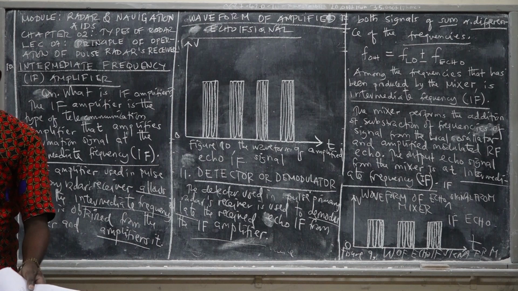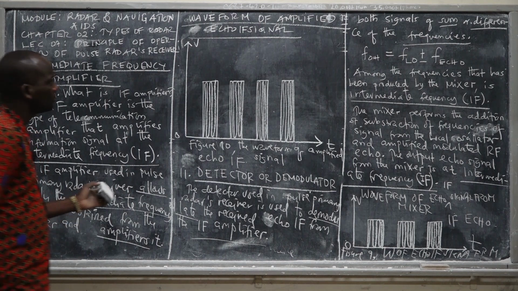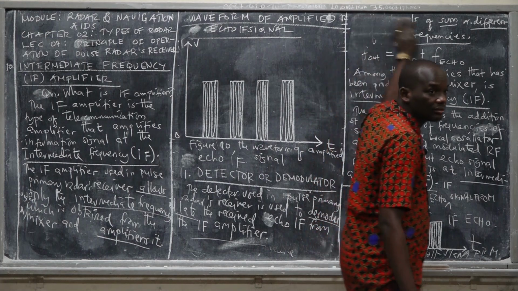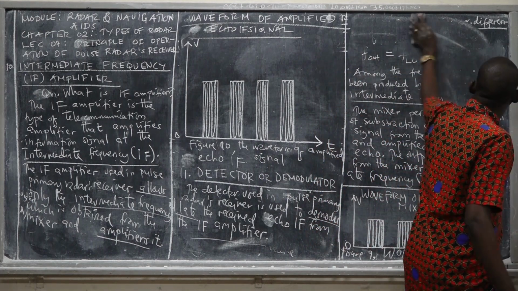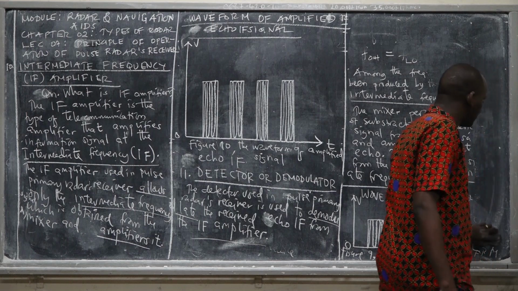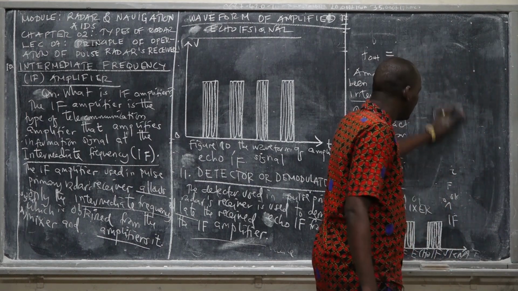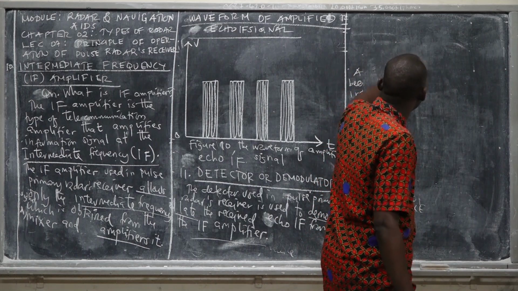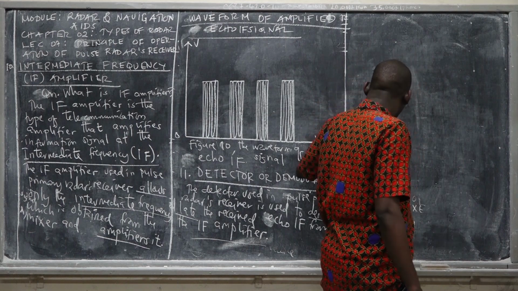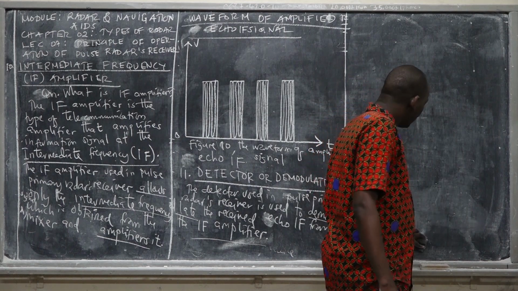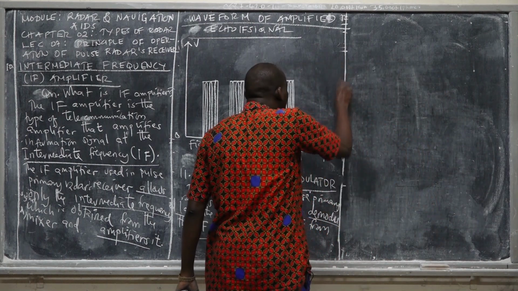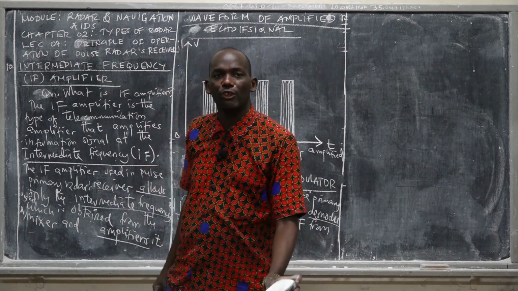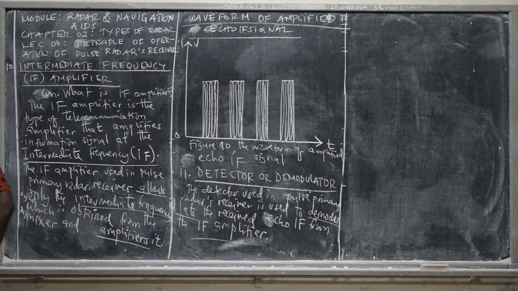So what is demodulation? Demodulation is simply the isolation of the information signal from the modulated signal. In other words, it is a process of suppressing the carrier and the stable signal from the local oscillator and giving out only the information signal, which is a short burst of pulses.